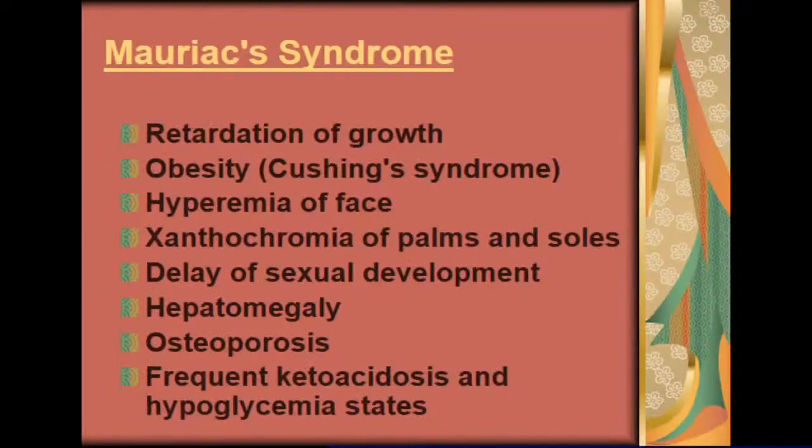Clinical signs: retardation of growth, obesity, this obesity as Cushing syndrome, hyperemia of face, xanthochromia of palms and soles, delay of sexual development, menses absent, hepatomegaly, osteoporosis, frequent ketoacidosis, and hypoglycemia states.